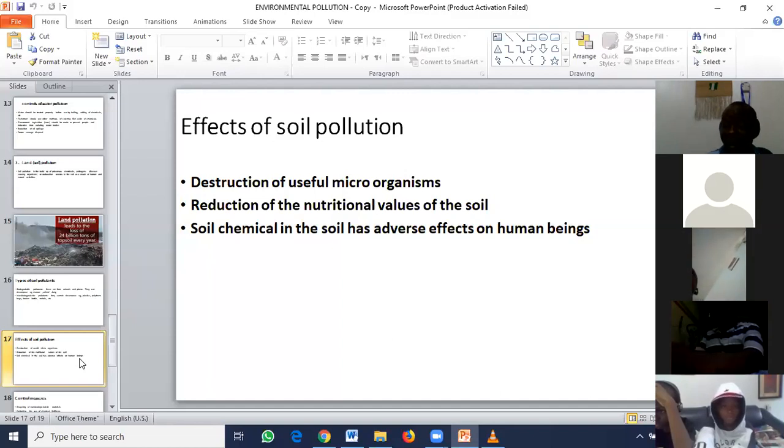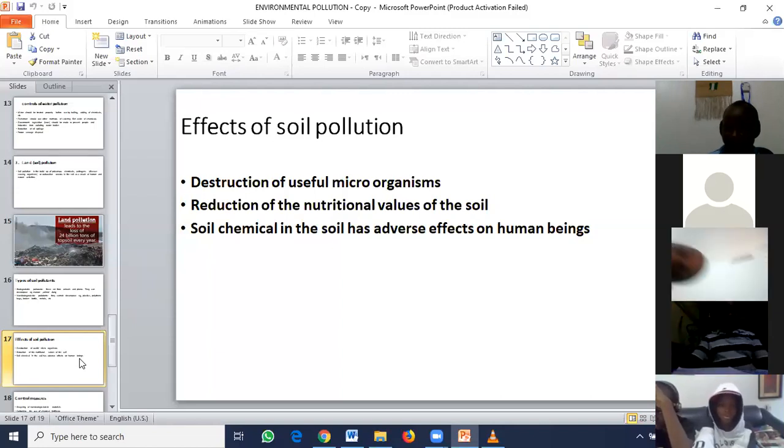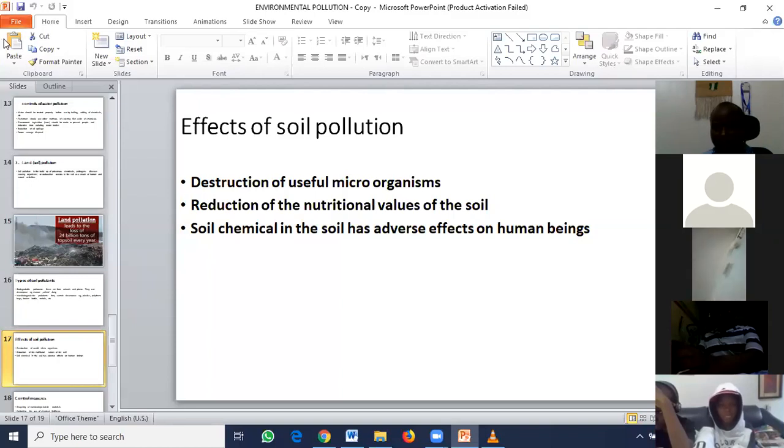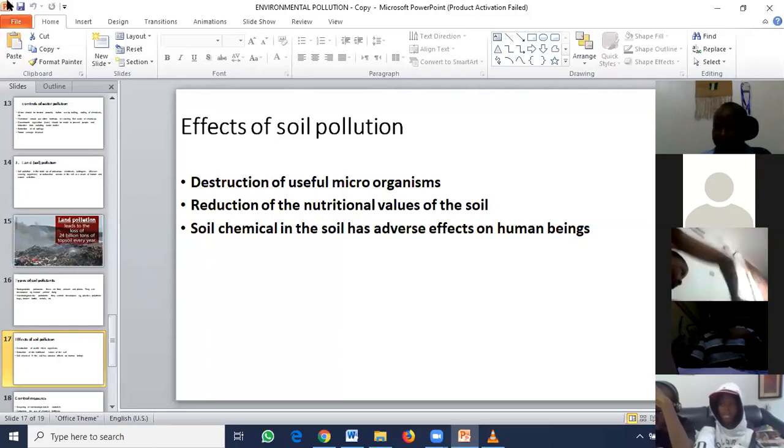They are not good for our health. So we have to quickly look for ways to remove them. Okay. So effects of soil pollution: destruction of useful microorganisms, reduction in the nutritional value of soil, and then the chemicals in such soil pollutants have adverse effects on human beings.